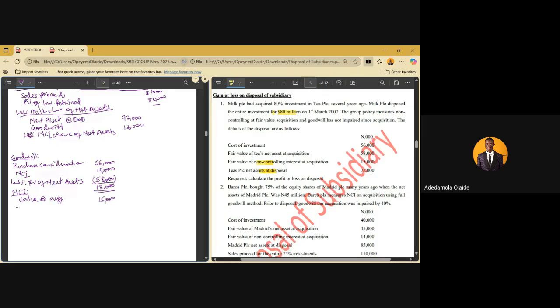Then share of post acquisition. Their share of post acquisition will be: we have net asset at date of disposal to be 72,000, and we have net asset at date of acquisition to be 58,000.